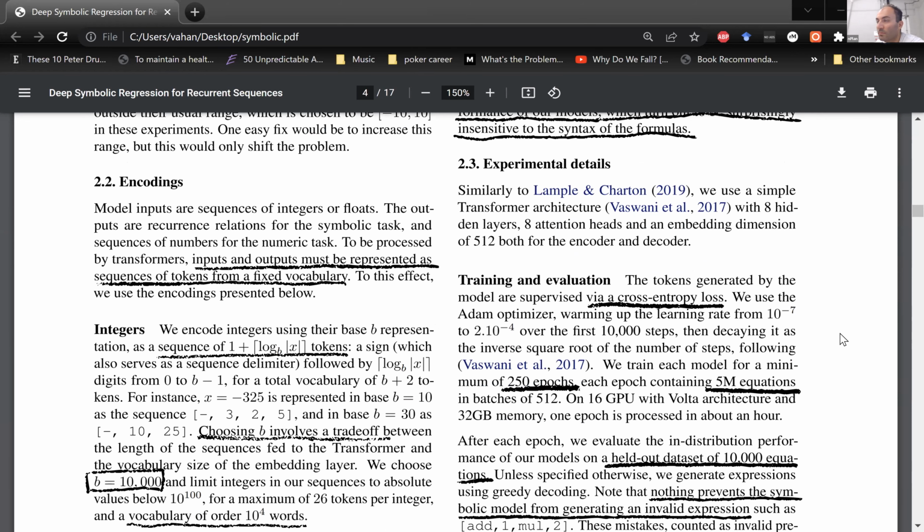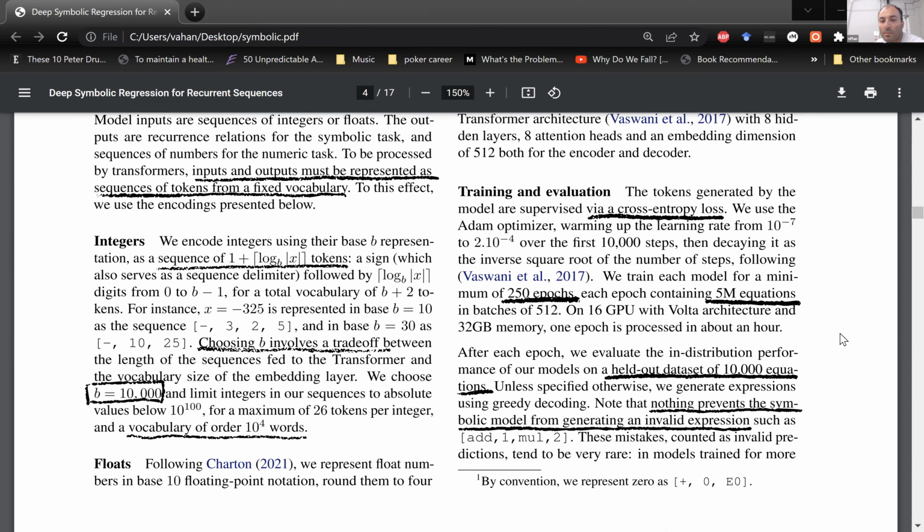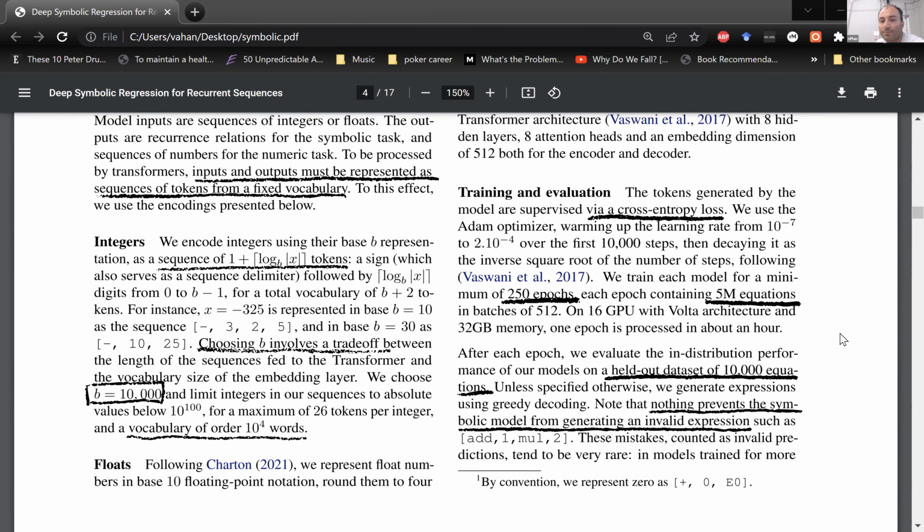For each position in that sequence, they say either yes, we hit the right formula or we didn't. No, I think the evaluation is done by sampling. They get the next elements by beam search. They do the next 10 elements and then compute the error.